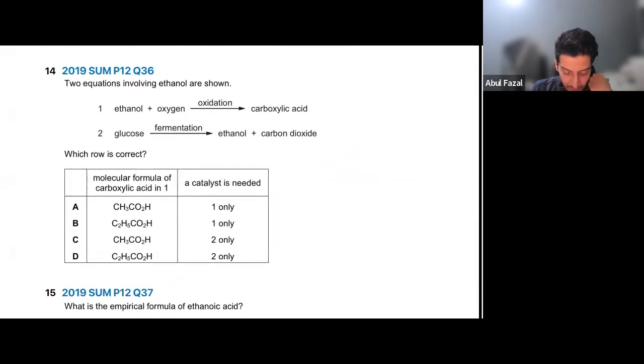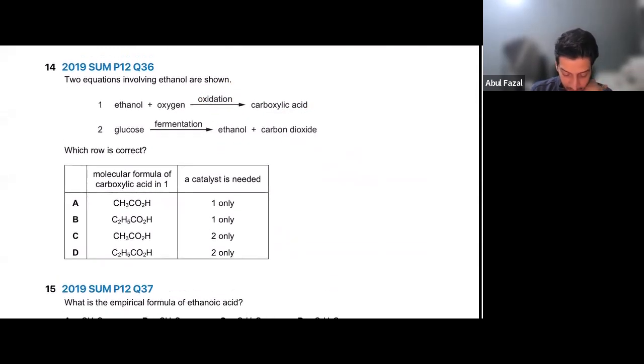Two equations involving ethanol are shown. Ethanol can undergo oxidation with oxygen to form an acid. Glucose can be fermented to ethanol and carbon dioxide. All right, what are the molecular formulas for row 1 and row 2?